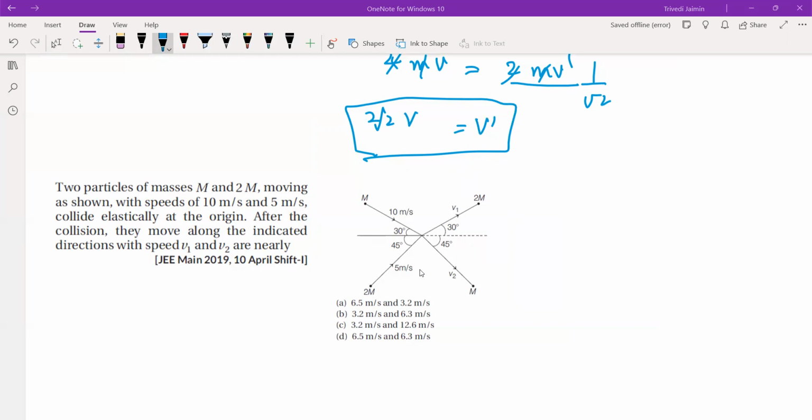This is 30 on that side, 10 sin 30, 10 cos 30 on the right side.